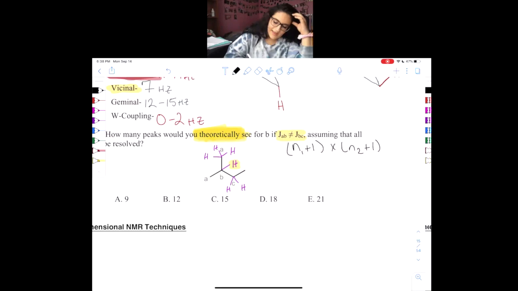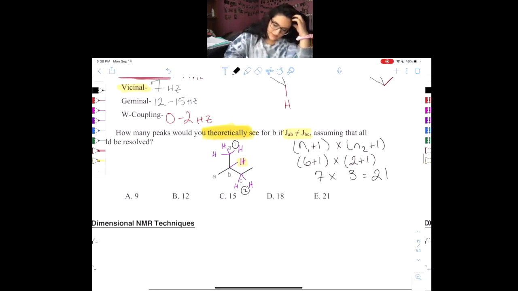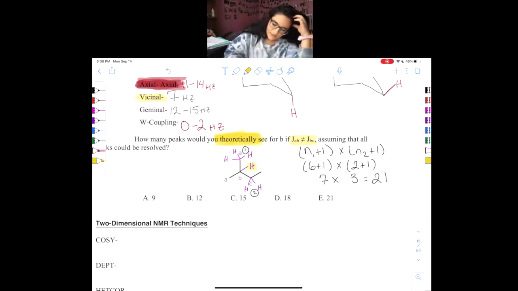And I'm going to call A 1 and C 2. I only drew 3 of the hydrogens on A, but since we have these 2 methyl groups, that's going to be 6 plus 1. And then we have 2 hydrogens on position C, so we're going to have 2 plus 1. We get 7 times 3, which gives us 21. So the theoretical splitting would be 21.